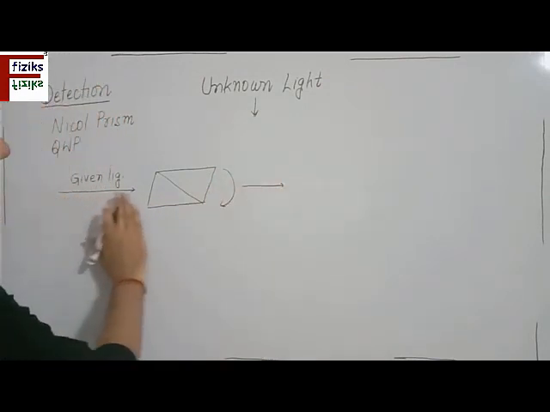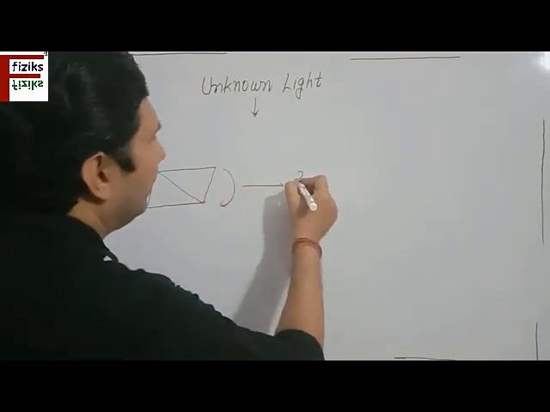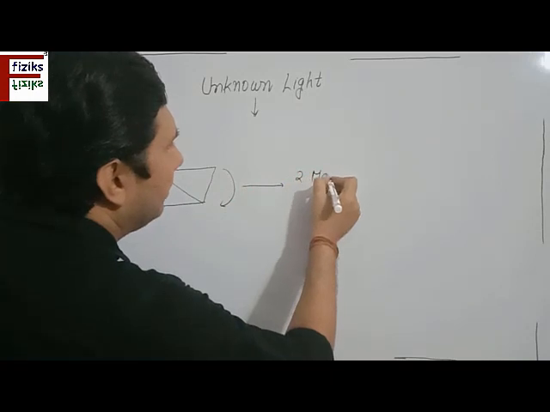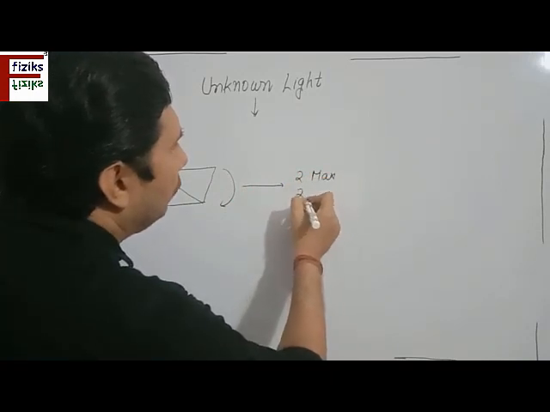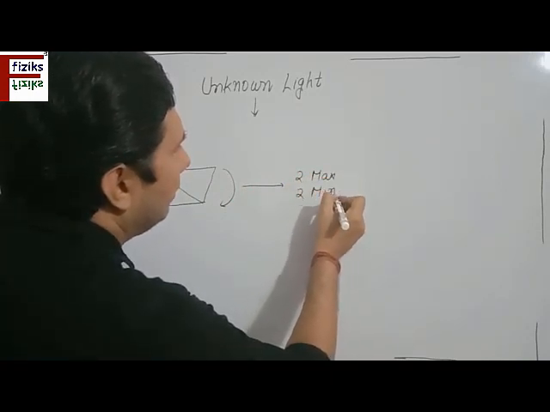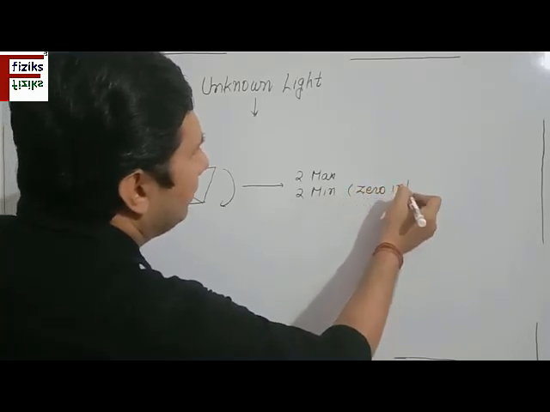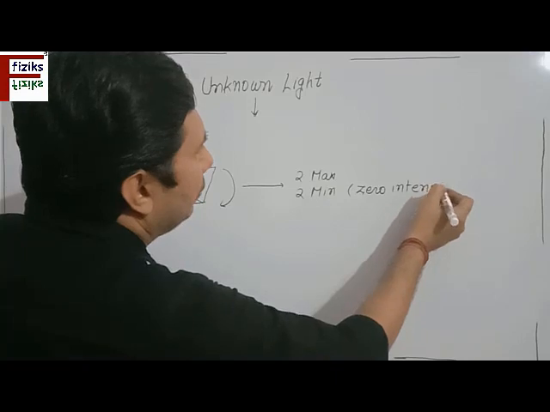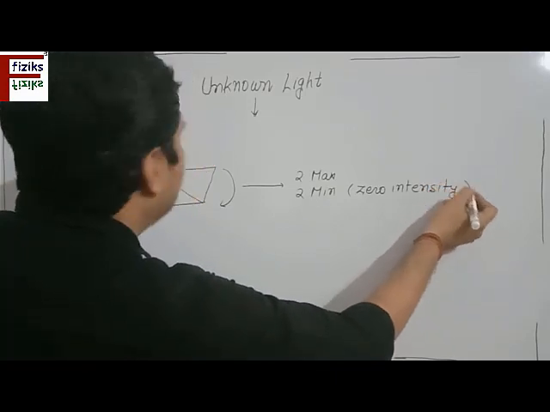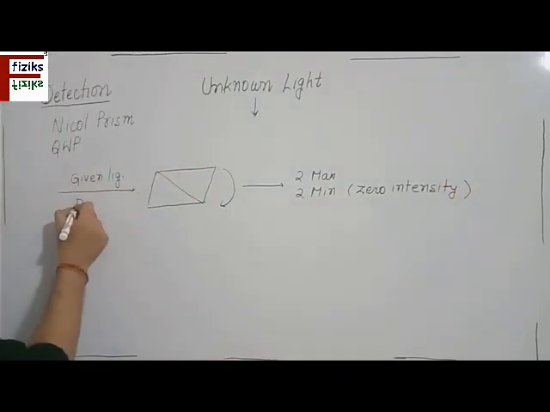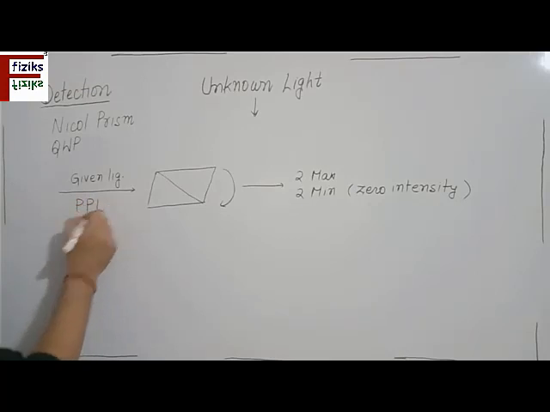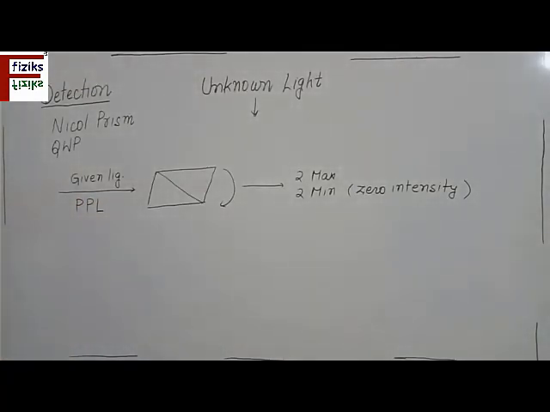When this given light passes through the rotating Nicol, we get two maxima and two minima with zero intensity. So in this case, it will surely be plane polarized light. We have already discussed this case in the case of the Nicol prism.